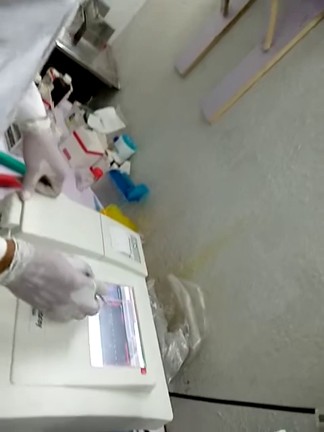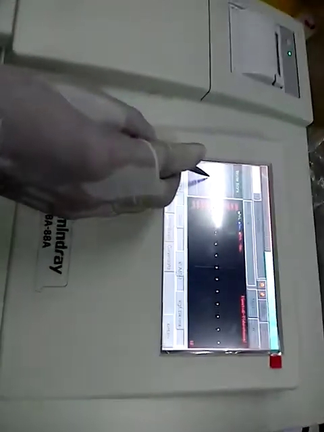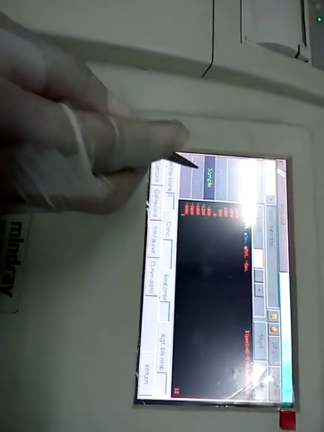I run my sample. My water blank is 0, so I click sample and I run my triglyceride sample.